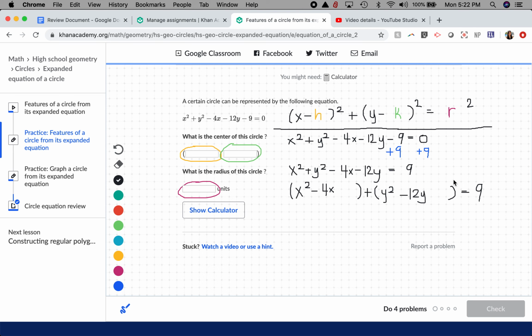All right, so what we are given here is an equation of a circle that is in its expanded form. Now, if you're being asked to find the center of a circle or the radius of the circle, it's going to be much easier to determine those once you find what your equation is in standard form.